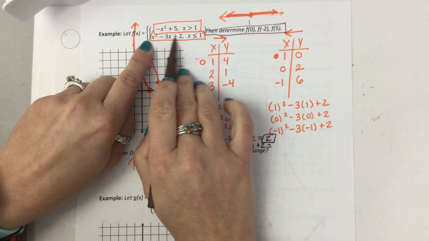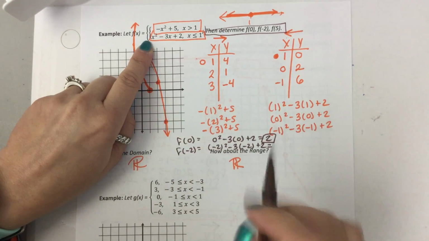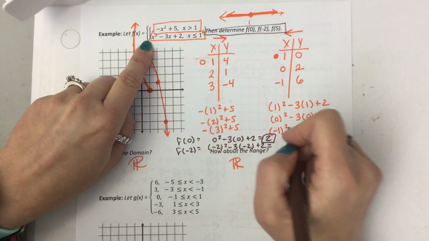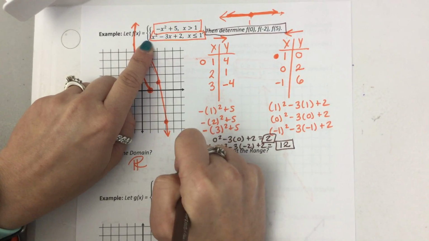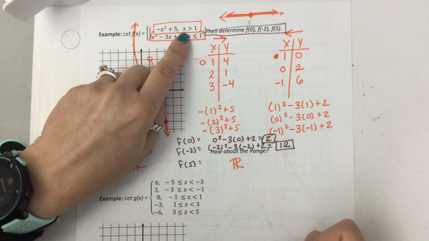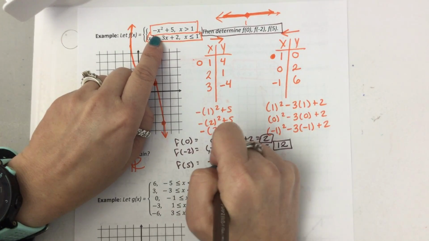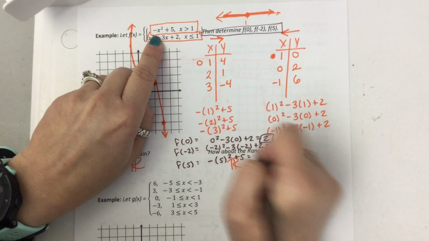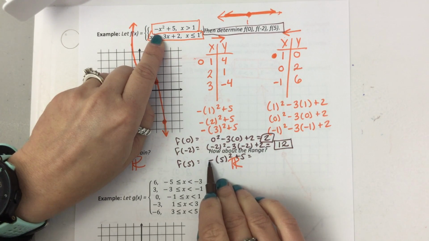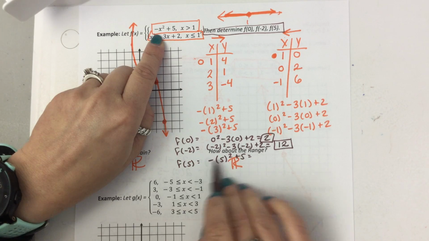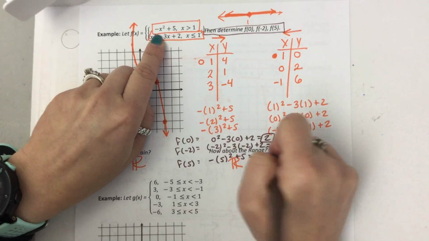I'm just filling it into the second equation. When you go ahead and calculate that, you would get a 12. And f of 5. 5 is greater than 1, so it's -5 squared plus 5. 5 squared is 25. 25 times a negative is -25. Plus 5 is a -20.